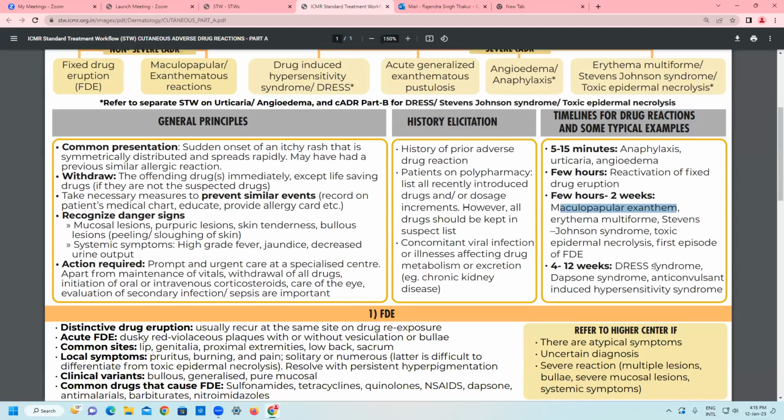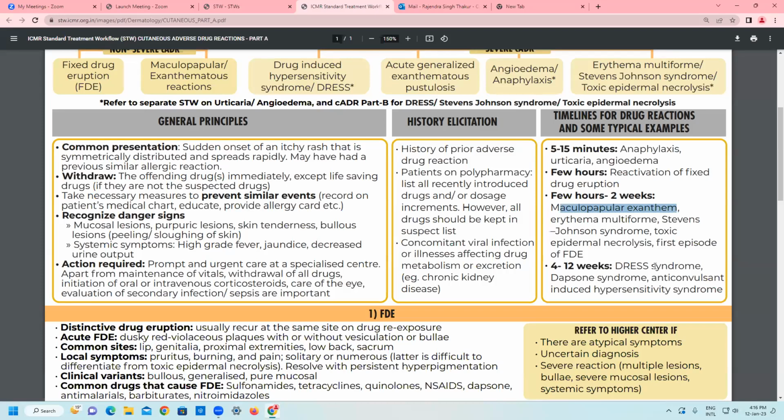It is important for those drugs which are given for a longer period. Again, I'll give the example of ATT and anti-epileptics. The sensitization is happening. Every day the patient is taking the medication, and within 2 to 3 weeks, the drug reaction happens for the first time. So this timeline one should know at primary level, with one simple history of the duration of drug exposure.